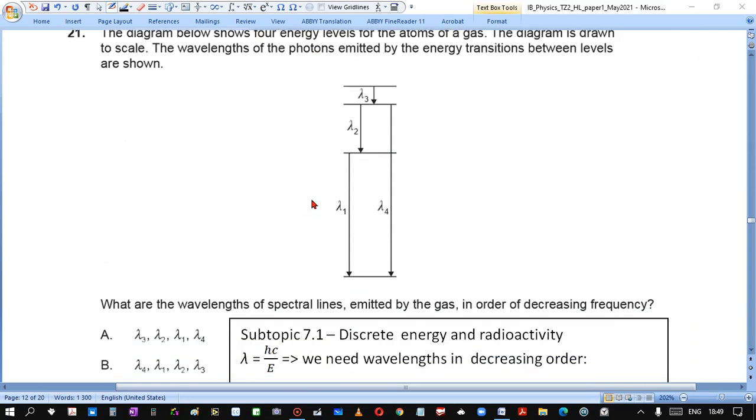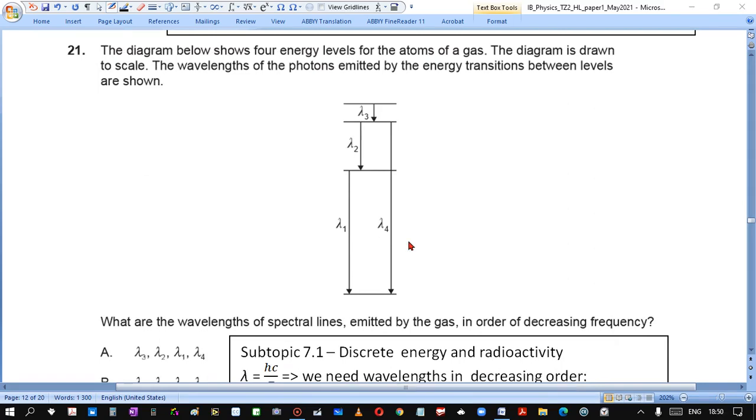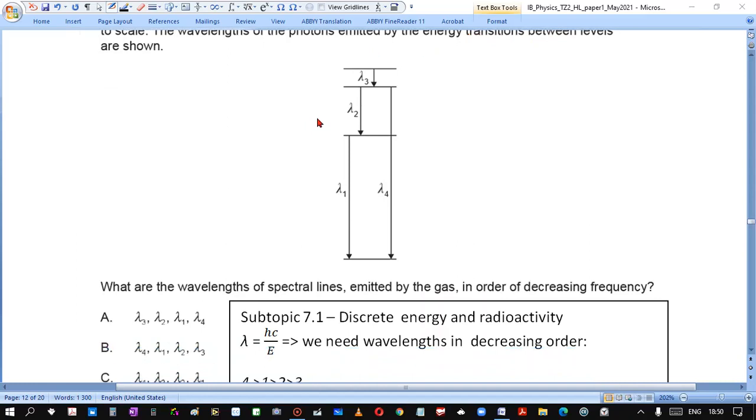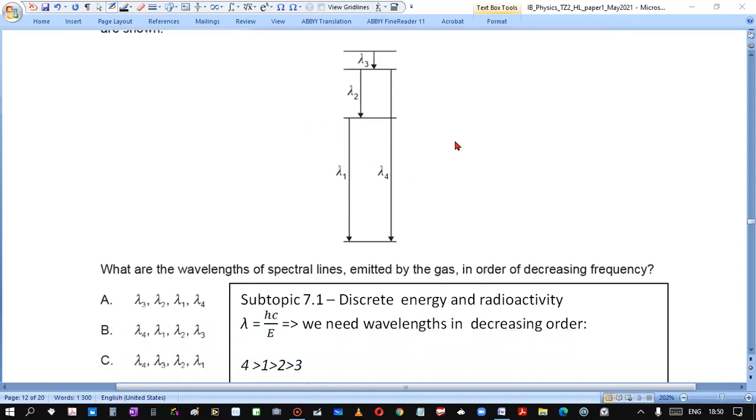Question 21. The diagram below shows 4 energy levels for the atoms of a gas. The diagram is drawn to scale. The wavelengths of the photons emitted by energy transition between levels are shown. What are wavelengths of spectral lines emitted by the gas in order of decreasing frequency?